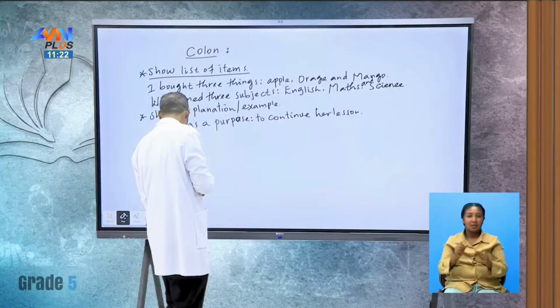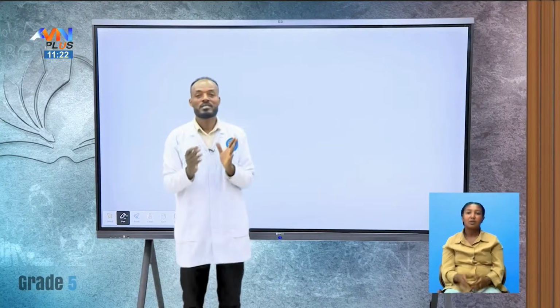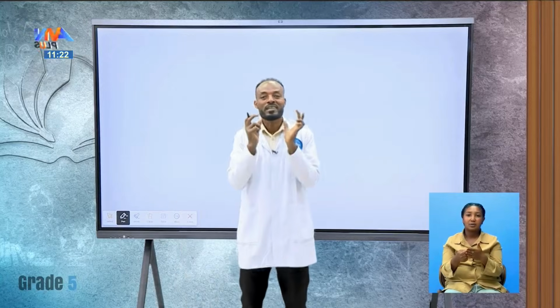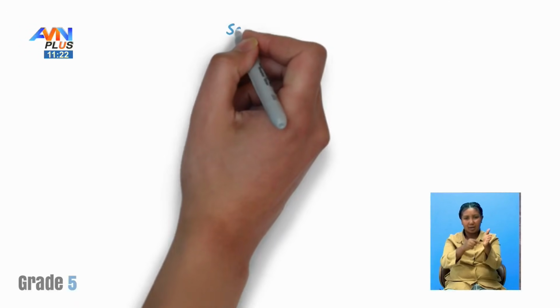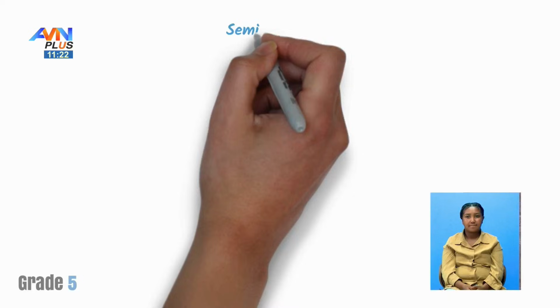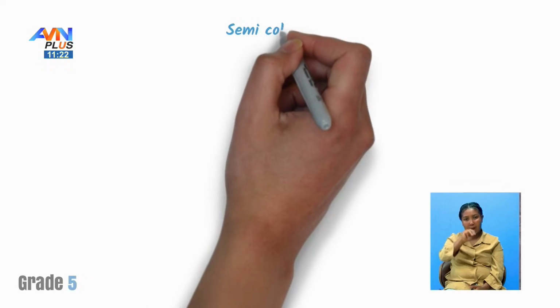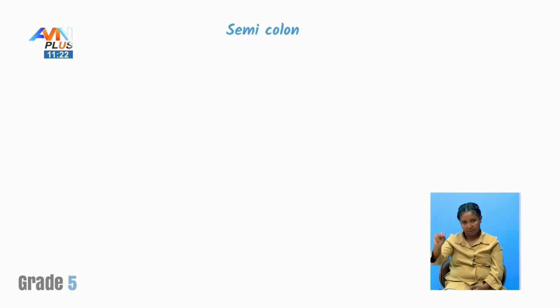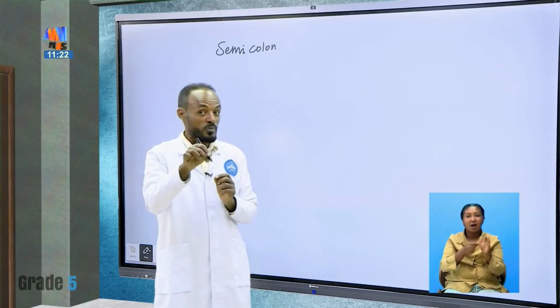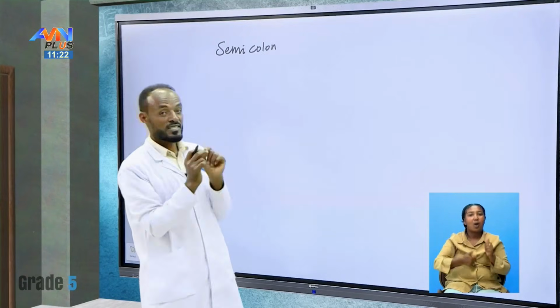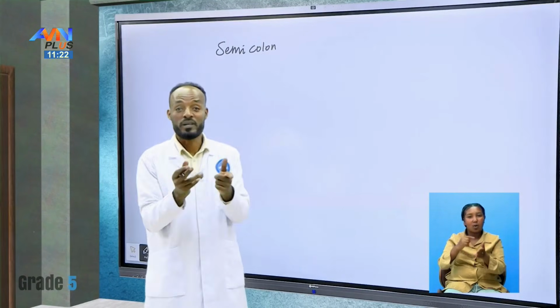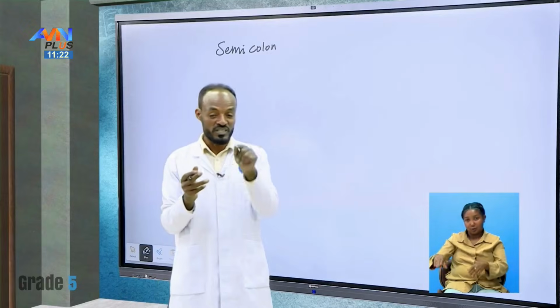Let's go to the next point, students. The next point is about semicolon. Semicolon here. Semicolon. Please write in your exercise book the symbol of this semicolon. Students' parents, please check whether they are writing or not.